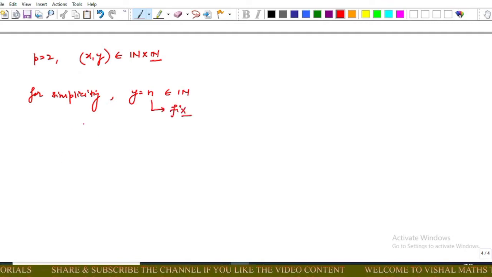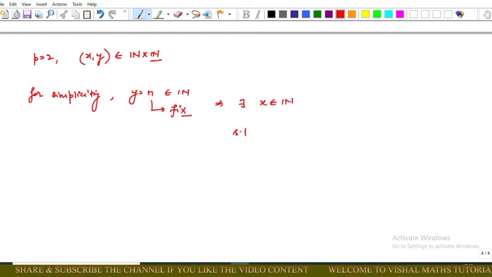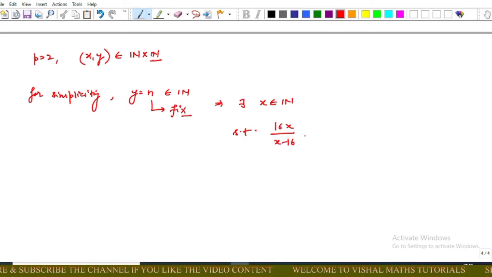Now this implies that there must exist x belonging to the set of natural numbers such that 16x upon x minus 16 equals n.